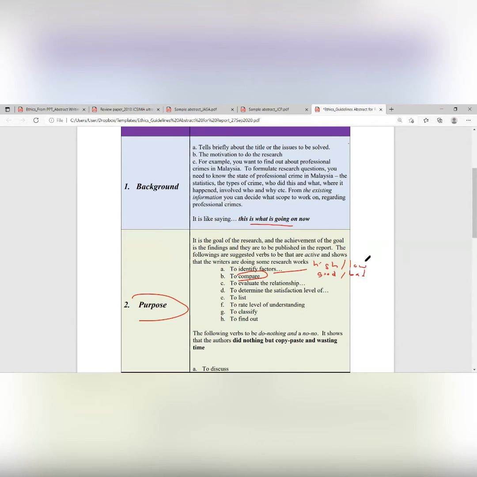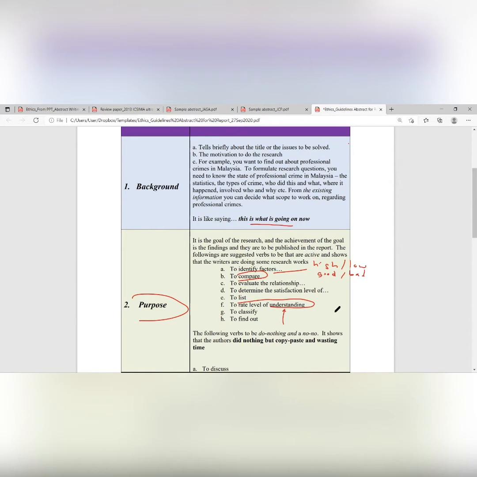If we want to rate, let's say that we rate the level of understanding. So it's quite hard to see or to gauge the understanding of a certain issue, of a certain context in the study and so on.